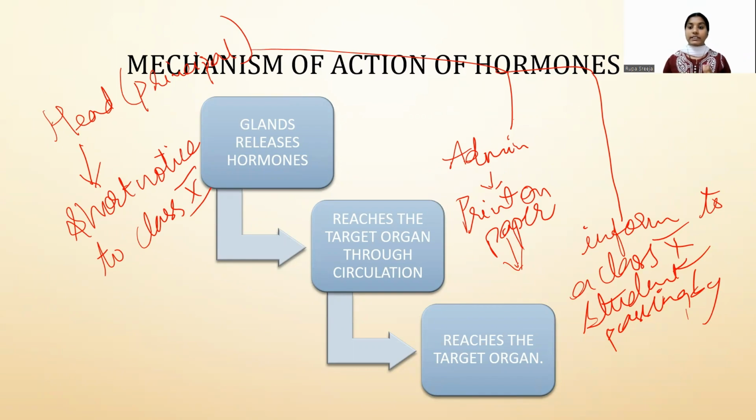That information is delivered to the students by another person, the class teacher or class leader, or class captain. The admin department doesn't directly go and inform, but the class 10 student who was informed primarily will directly go and inform his friends, right?